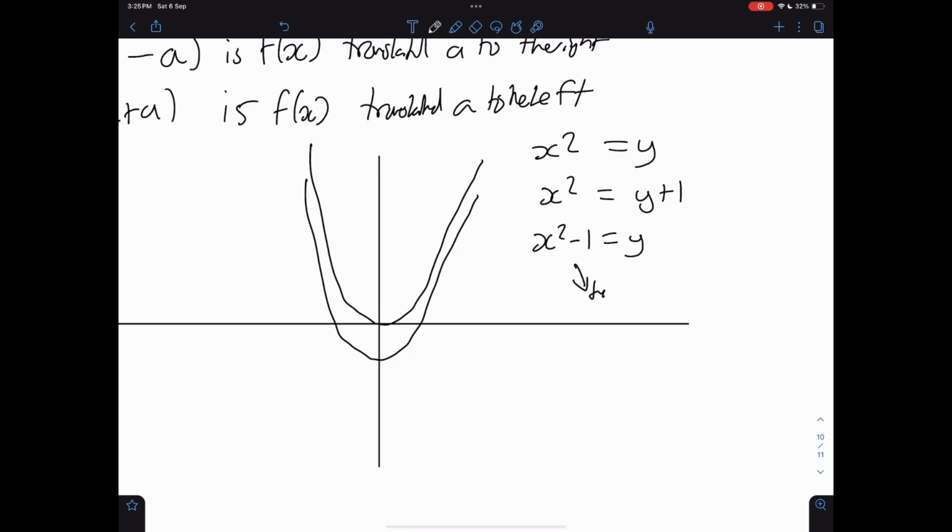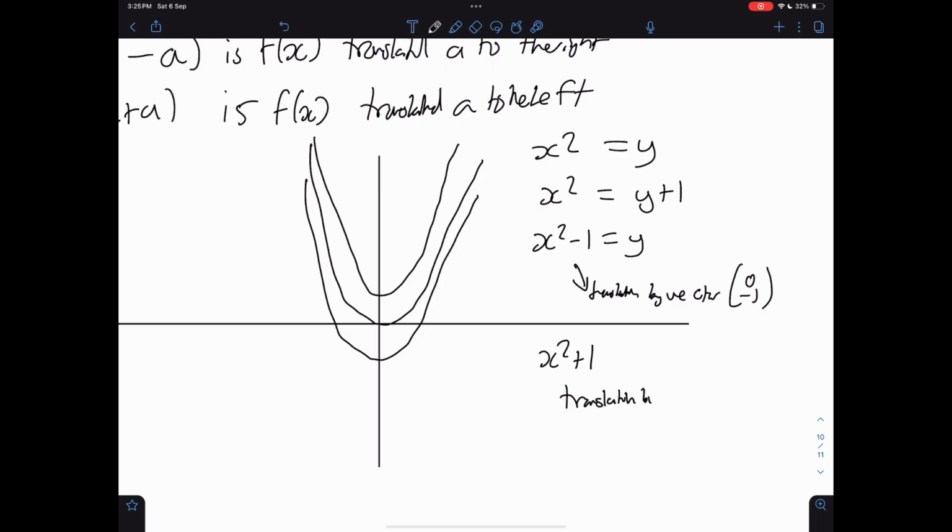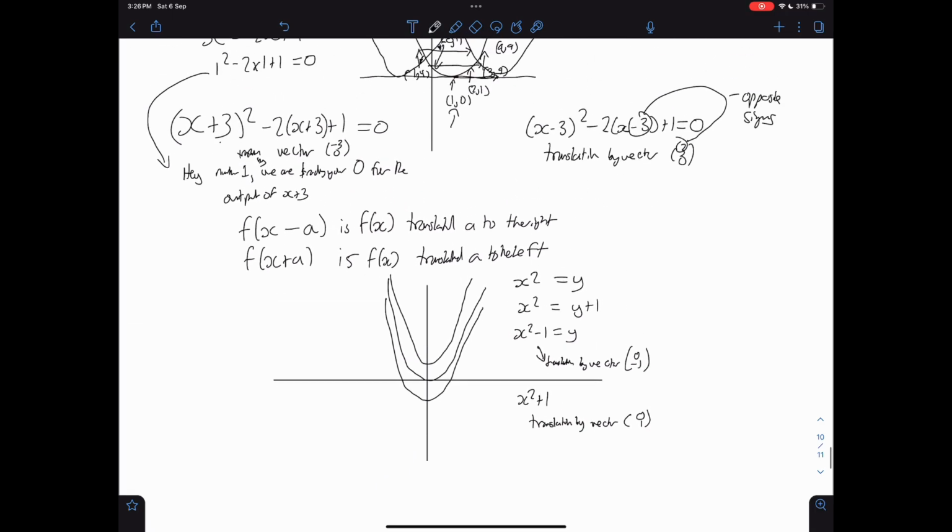This is a translation by vector 0, minus 1, because you haven't gone left or right, but 1 down. And you could also do x squared plus 1, and you get that. And that's a translation by vector 0, 1. The vertical transformations are a lot easier to get your head around than the horizontal ones.